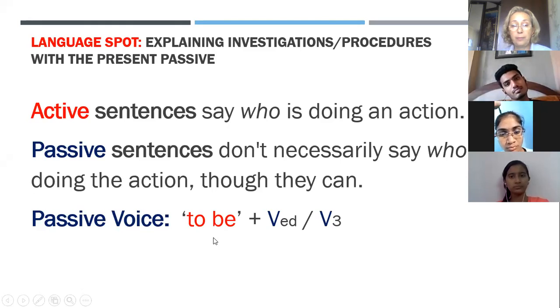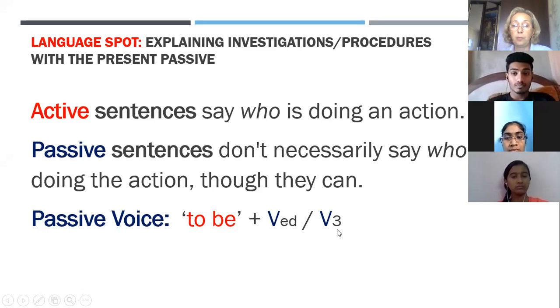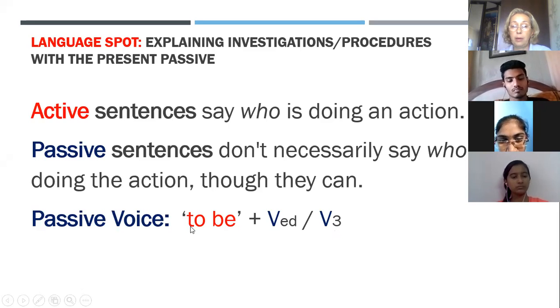The present passive consists of 2 parts. This is the verb to be plus the main verb with ed at the end, if it is a regular verb, or it should be the third form if it is irregular, and to be should be used in 3 forms, for example in the present, am, is, are.